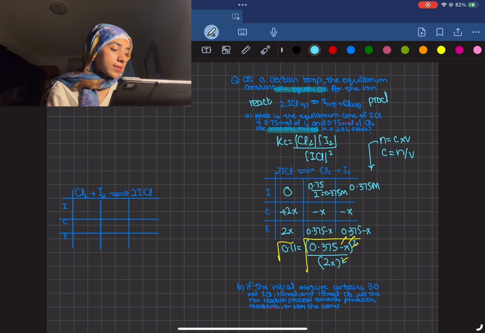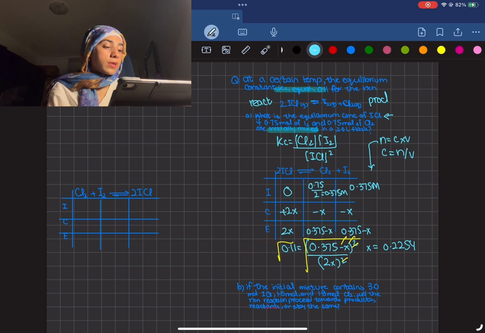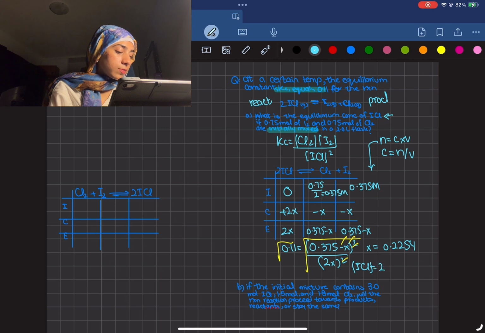So my x would equal 0.2254. But because I'm asked the concentration for ICl, and my ICl is 2x, I need to multiply the value for x by 2, which would get me 0.45 molar.